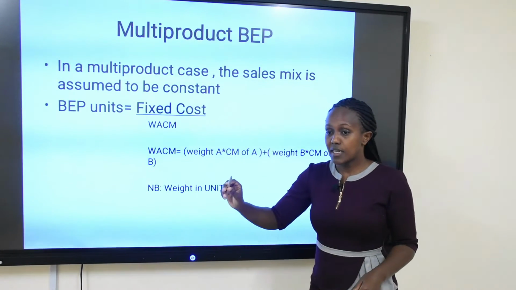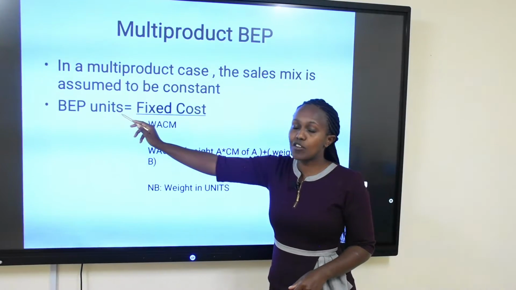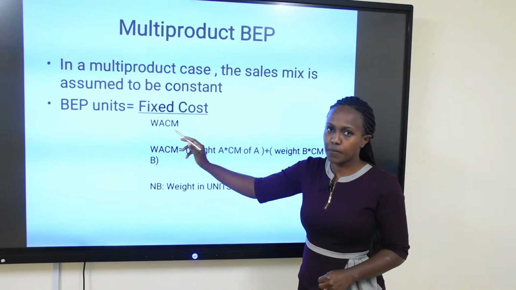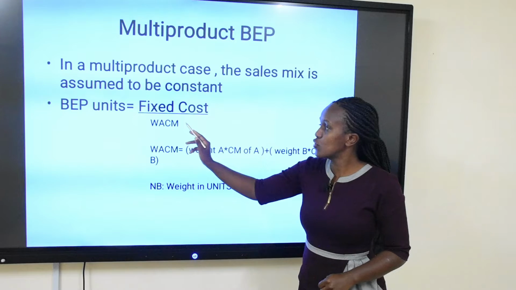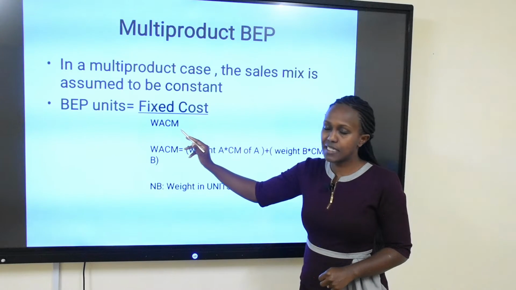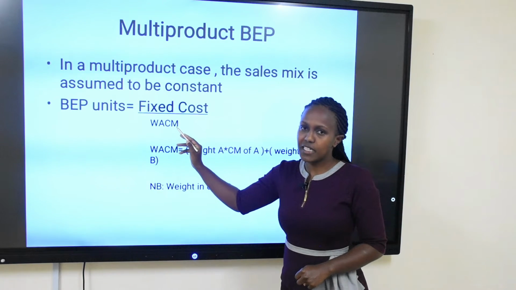Our formulas have not changed so much. You remember that when you're getting break-even point in units for a single product, it was fixed cost over contribution margin. Now, in this case, when you have several products, we are going to change this to weighted average contribution margin. Now, what is weighted average contribution margin?